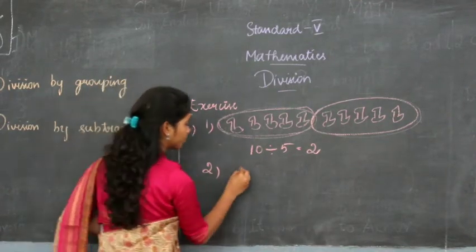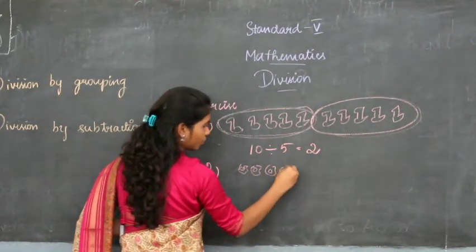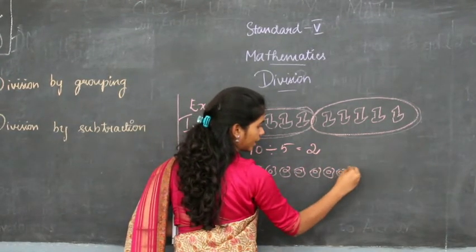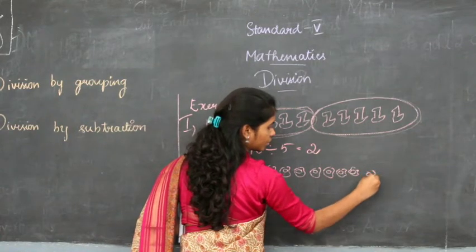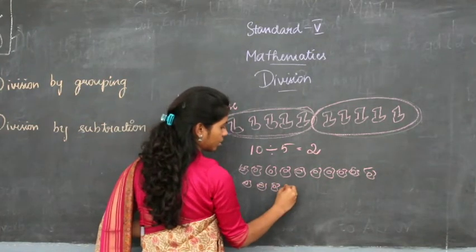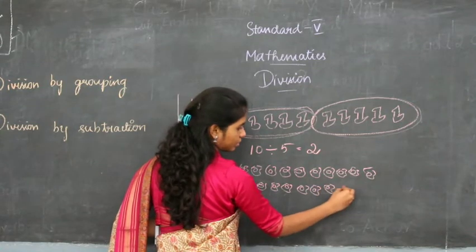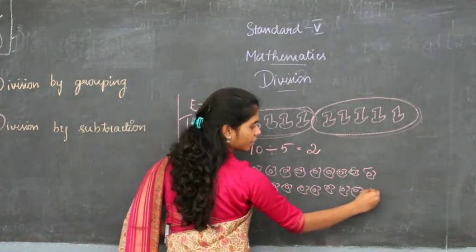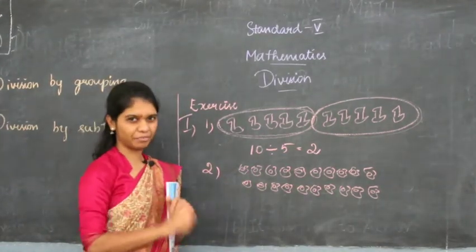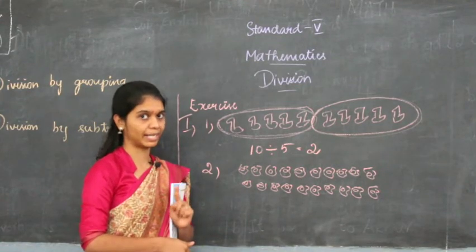Let us consider these as the 20 flowers, and split them into groups so that one group contains 4 flowers.